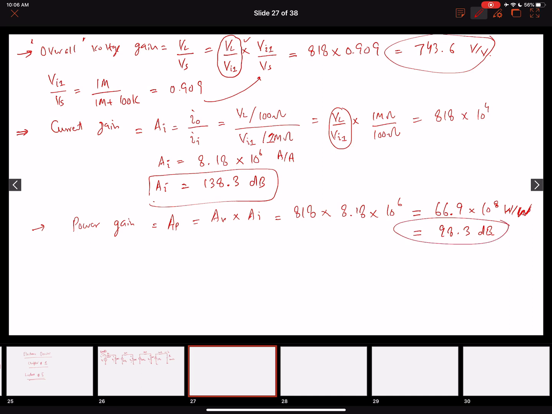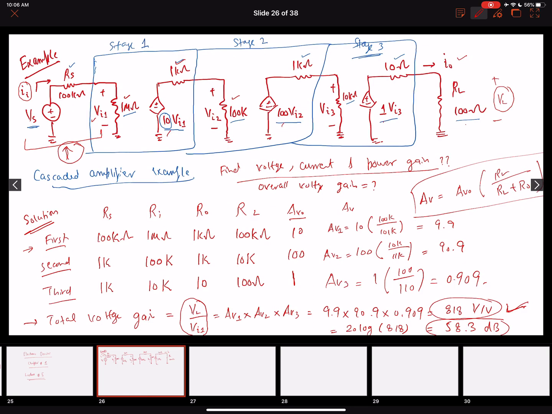Some other interesting points to look at over here, in terms of the cascaded amplifier, we can look back at the cascaded amplifier and see that the first stage of the amplifier, stage number 1, has a very high input resistance that we want. However, the gain is moderate. It is still amplifying the signal 10 times.